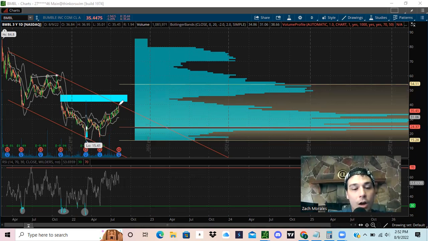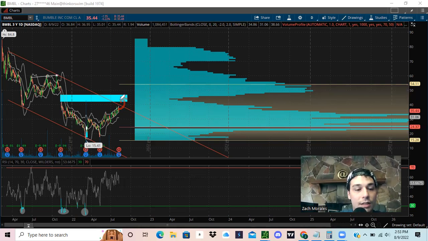Now, we need to be cautious because we are approaching the top of this trend line, and we also know that we are pretty much wrapping up the high volume node areas from here and below. We're pretty much getting rid of those areas. Now, if we react very positively to earnings, there's a very good possibility we could break that trend line and come up here to fill this gap.